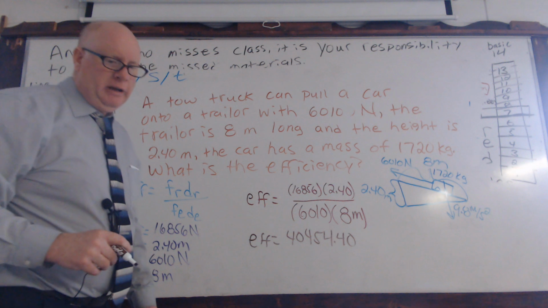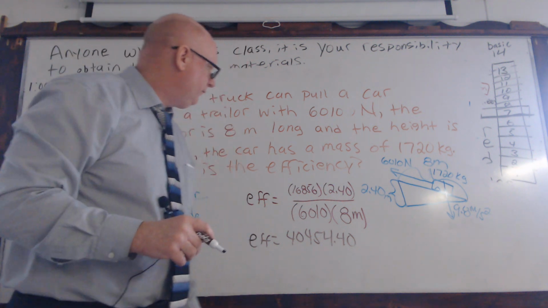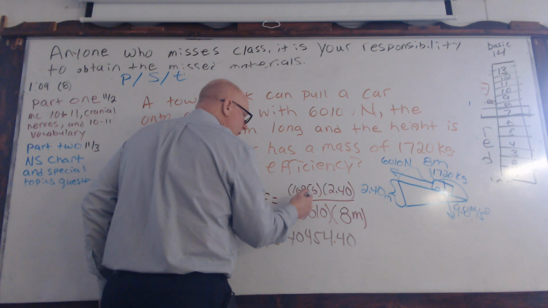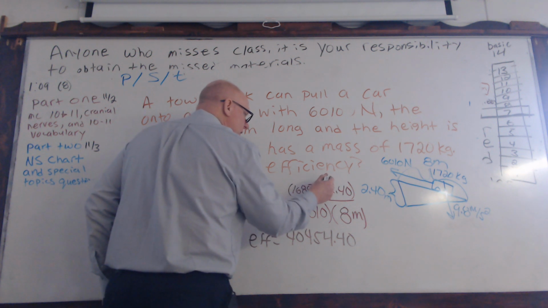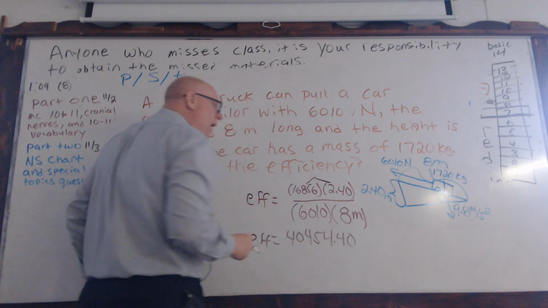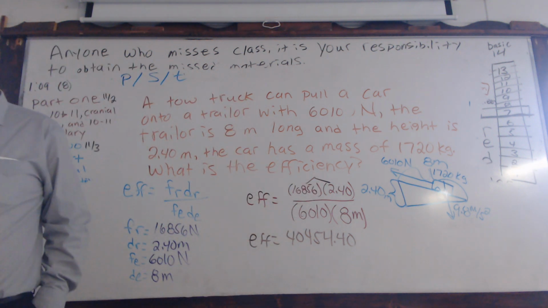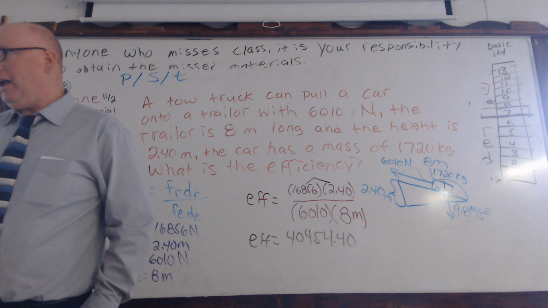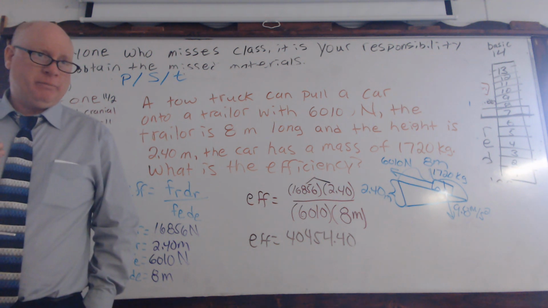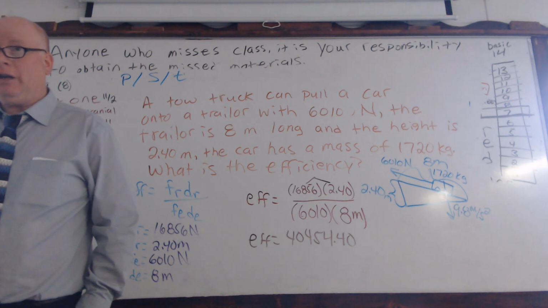But keep in mind, just as a review, if this is a force and this is a distance, what happens when you take any force times any distance? That was the first type of problem we learned about in this chapter. You get work.